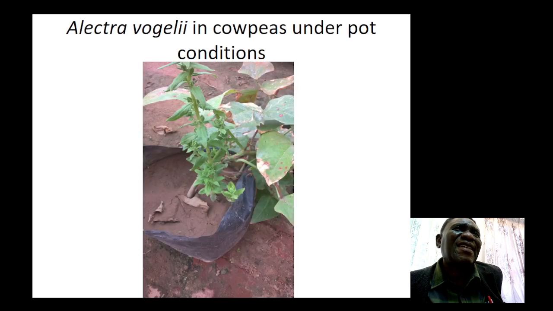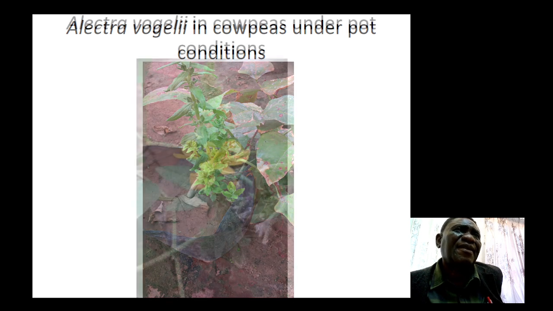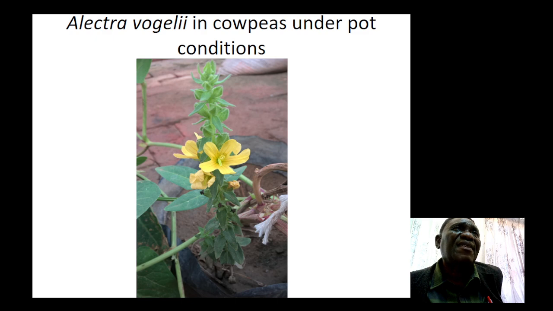So you can see the effects of Alectra on cowpeas. You can see the leaves are dying. This is Alectra in pots.